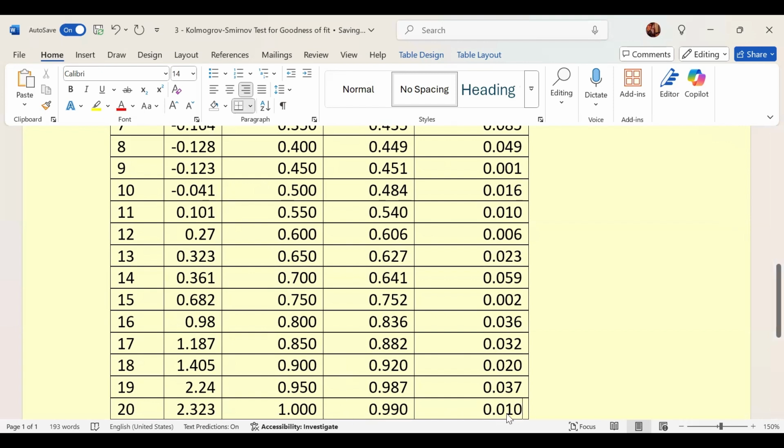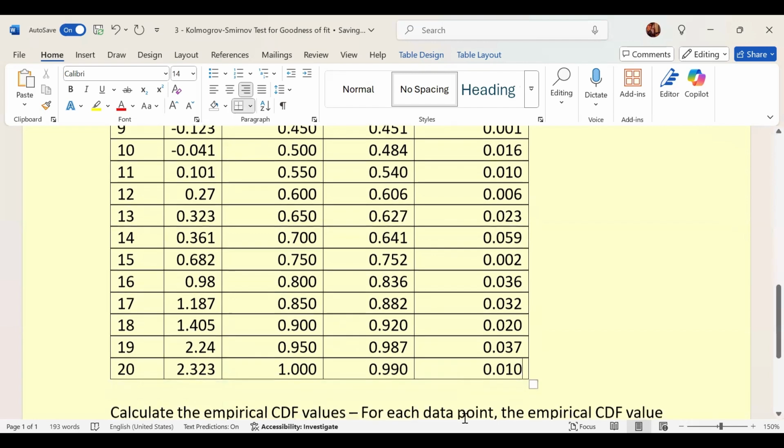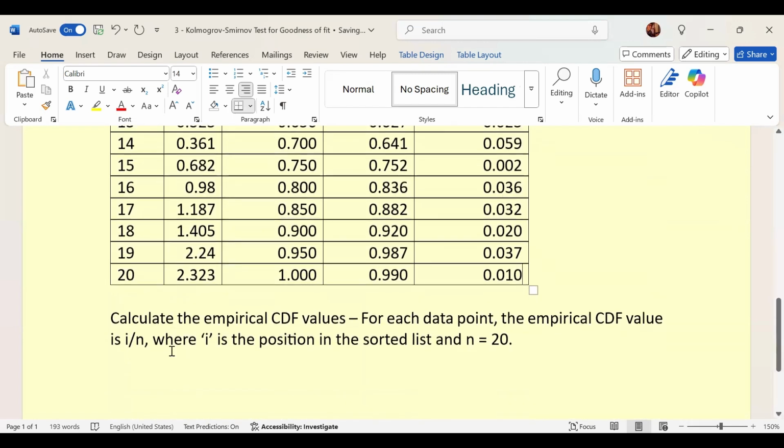So we will have a total, not total, actually we have to find the max value.